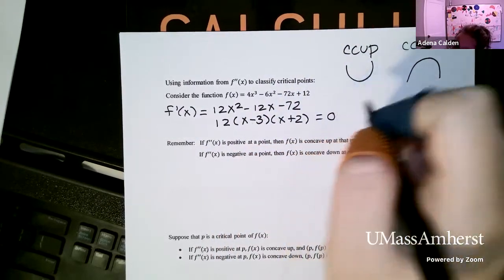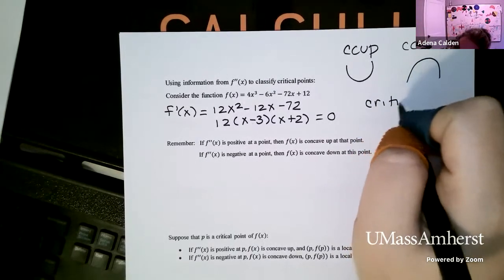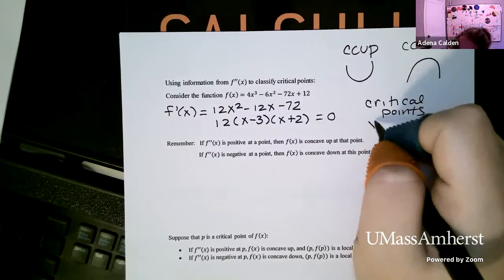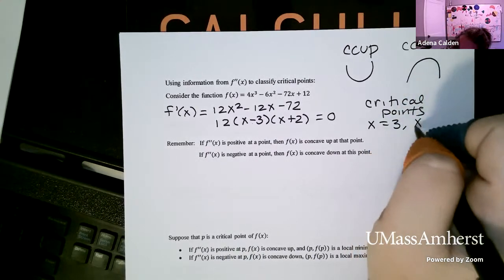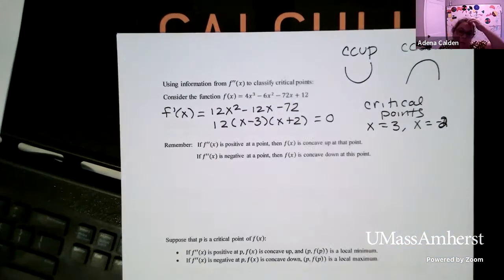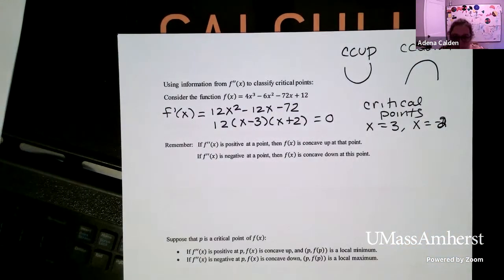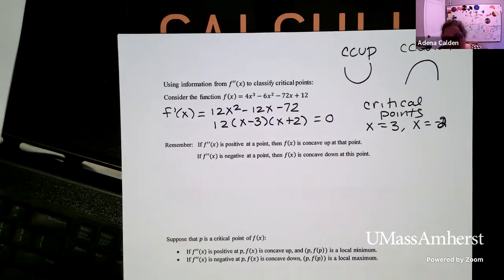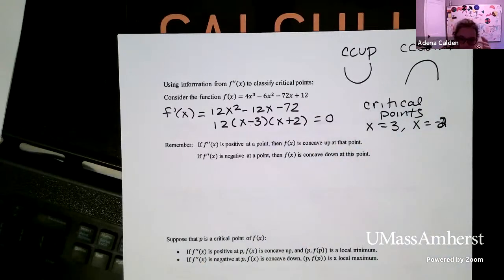We set that equal to 0, and that gave us our critical points of x equals 3 and x equals -2. Okay, so we graphed it with the original test. We did a number line with the first derivative test. So how would we use the second derivative to classify these critical points, right?